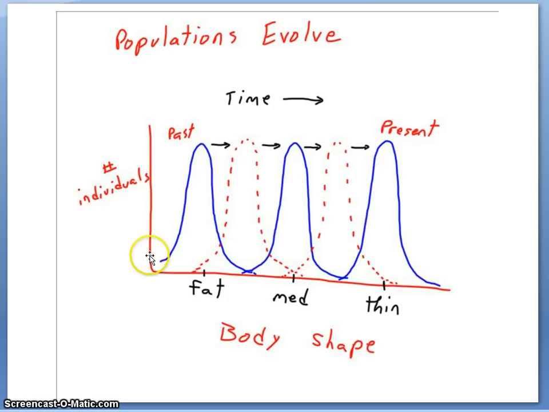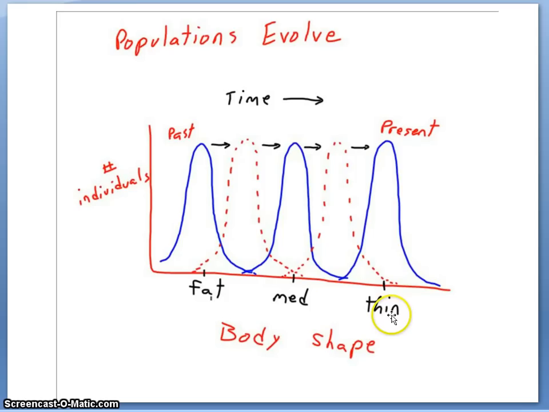So we go over to the y-axis to see how many individuals are the fattest in the population, and it's a small number. Most of the individuals are of the average fatness for that generation. Some, very few, are thinner than fat. They're the thinnest of that generation. Now what this graph shows is that over time, the average body shape is changing.